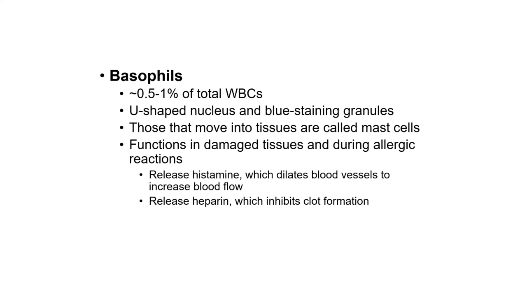If they move into a tissue, they are called a mast cell. They function in damaged tissues and during allergic reactions. They release histamine, which helps dilate the blood vessels to increase blood flow to the area, and they release heparin, which inhibits clot formation.